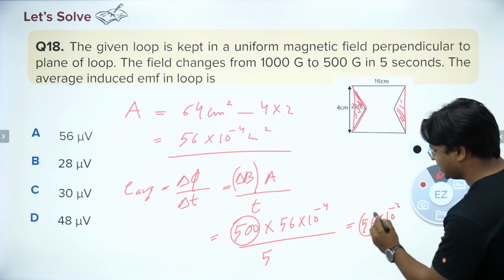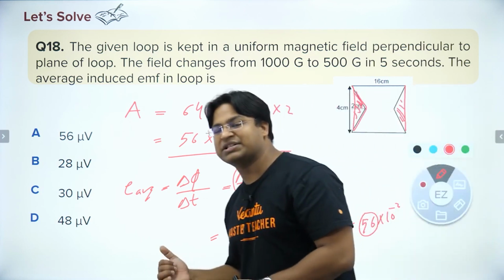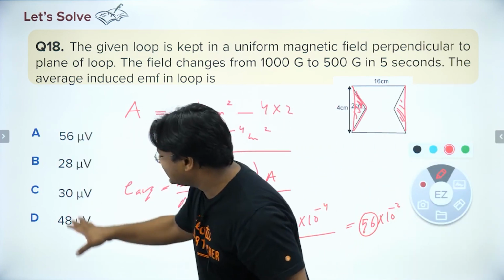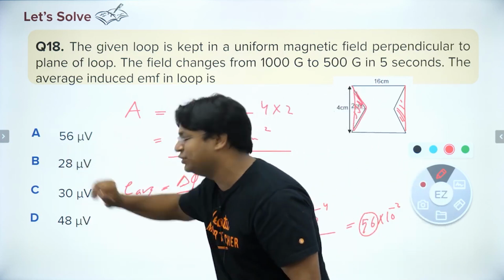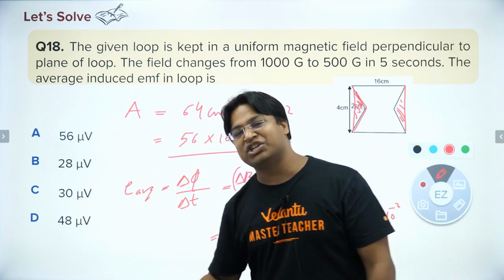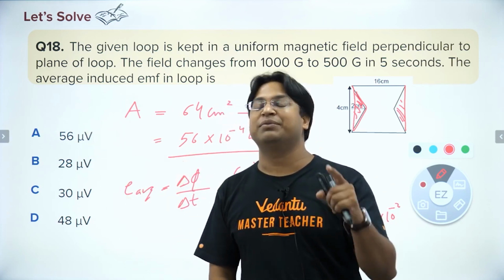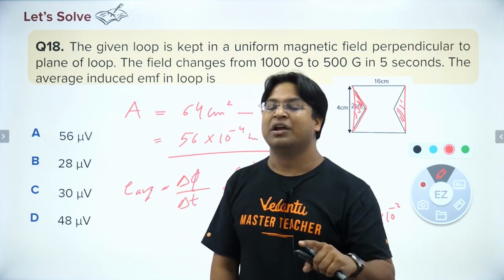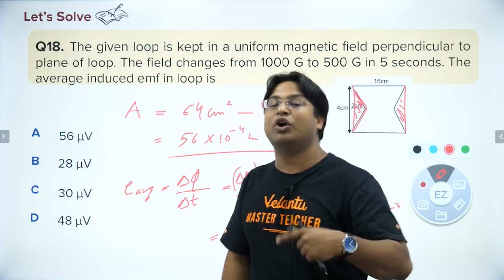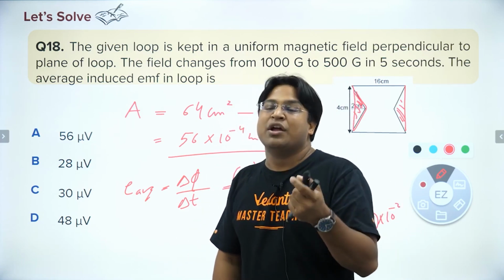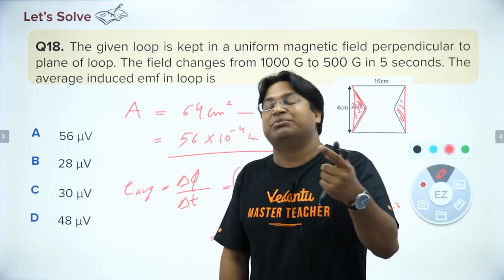But this unit is in Gauss. I'm not sure whether this is an SI unit or something else. Do I see a 56 in the options? Yes, I do. So am I very sure that this is the correct answer? Well, if I'm not aware of the relationship between Gauss and Tesla, I can't be very sure, because it may just happen that one Gauss is, let's say, 2.5 times something Tesla.